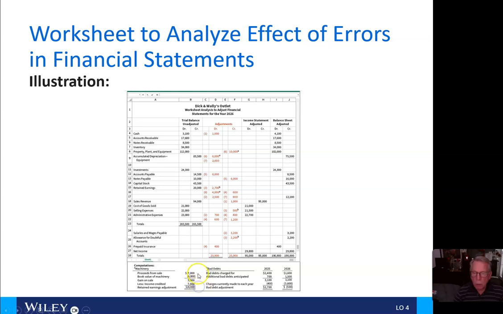Proceeds from the sale, $7,000. $4,000 book value gives me a gain on the sale of $3,000, less the income credited, $7,000. So that gives me a $4,000 negative to retained earnings. A litany of errors there, as you can see.